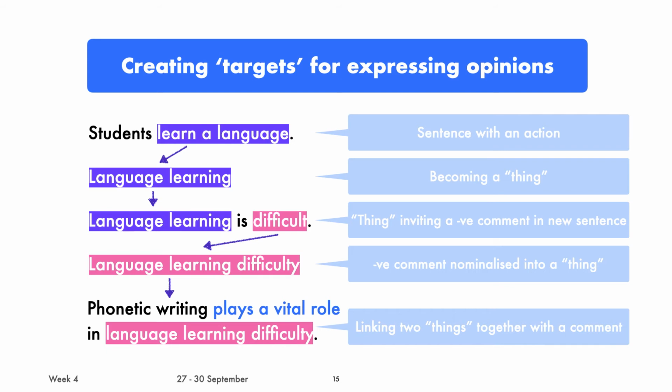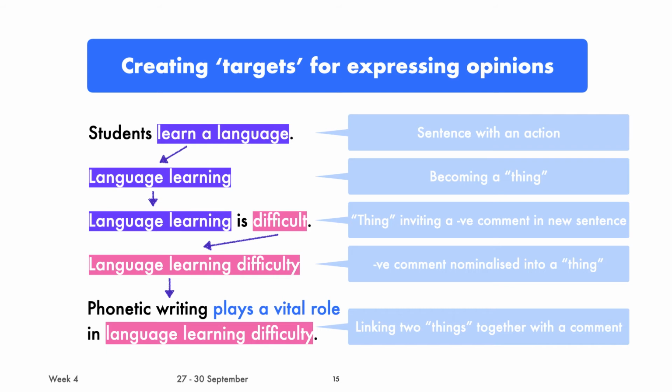And you will also find that you can turn this sentence into a nominalization. If we want to talk about the problems of language learning, we can say language learning difficulty or difficulty in language learning. But when we put difficulty as a head noun, language learning difficulty becomes a technical term.